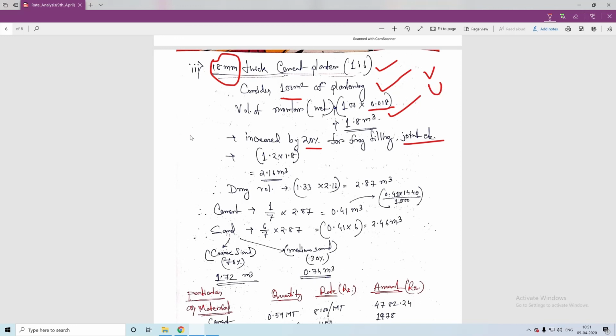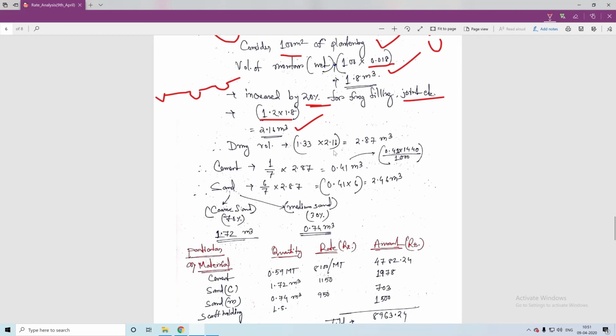Suppose the bricks are placed and these kinds of gaps or V notch type gaps are there. When you fill this, we need to give some extra mortar, so that's why we are using 20% for frog filling. So the volume will be increased by 20%, so 1.2 into 1.8, so 2.16 meter cube.